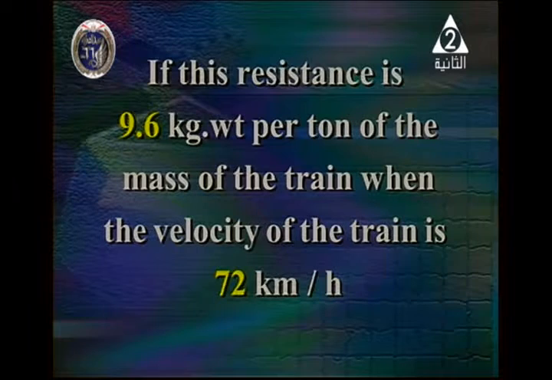If this resistance is 9.6 kilogram weight per ton of the mass, remember mass of train is 200 ton, when the velocity of the train is 72 kilometer per hour.